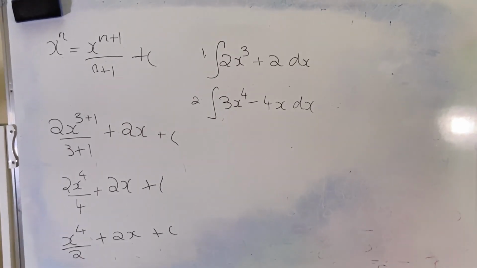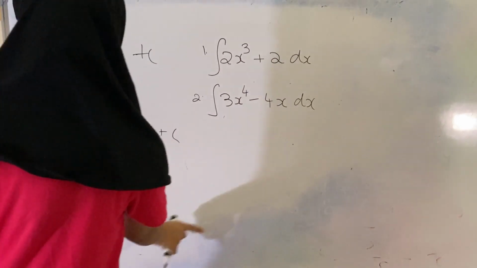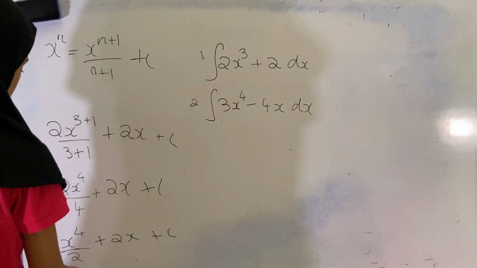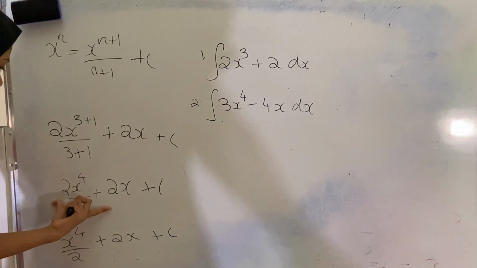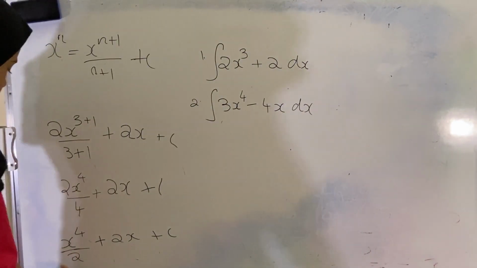So this is the answer for 2x cubed plus 2. You can write it in both ways, and to make it shorter, you can write it like this.